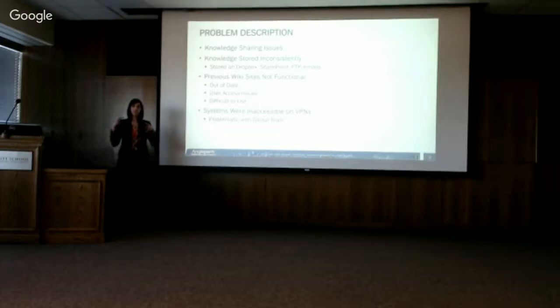So it wasn't easy to gather all of this information in one location and have it in a consistent format. We also had a wiki before the one I created, and it was not very functional for users. There were several issues with it. The first one was that the template and the whole wiki was out of date, several versions behind, and it needed to be updated, which seemed to cause a few bugs.